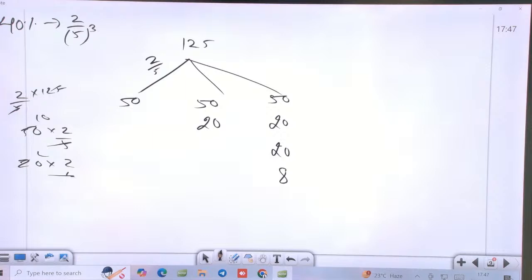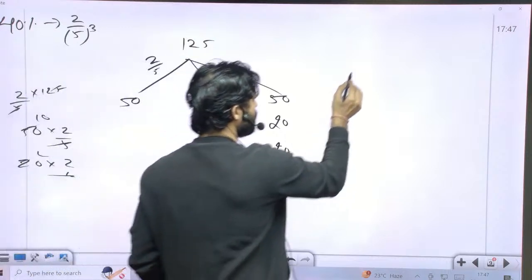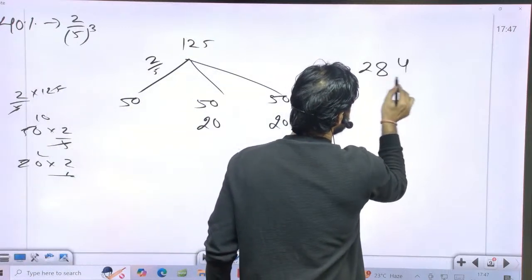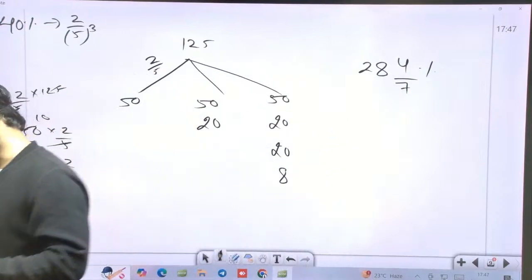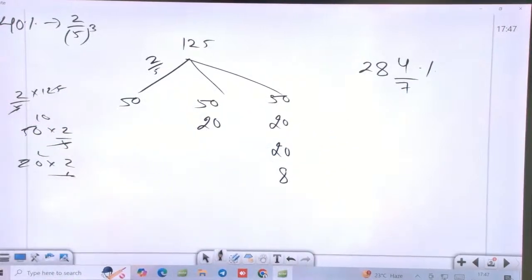Okay, last but not the least, make the chart of 28 2 by 7, that is 28 4 by 7%. The rate of interest is 28 4 by 7%, and the time period is 3 years.